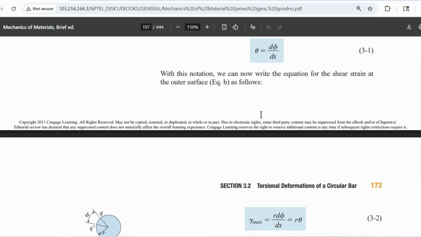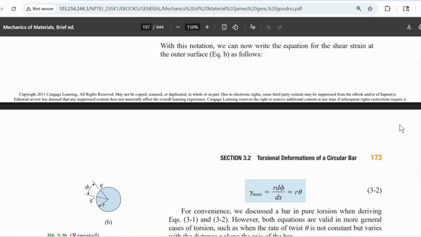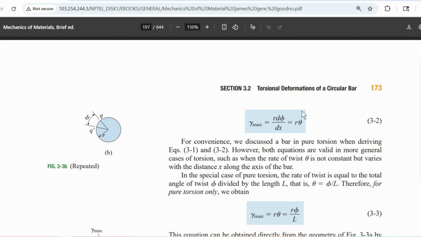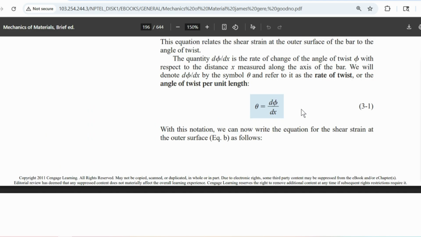And I guess I'm just going to have to get used to that. Just red flags everywhere I see that. That is the rate of twist, and this is the equation that we get. Cool. So for convenience, we discuss a bar in pure torsion when deriving equations 3.1 and 3.2. This is equation 3.2. This is equation 3.1. Cool.